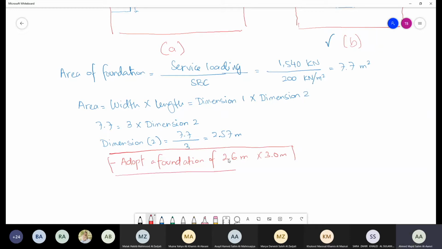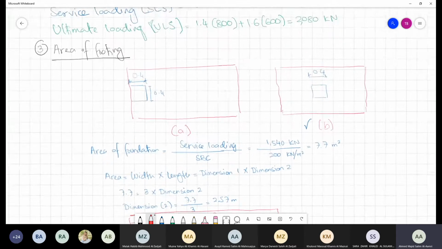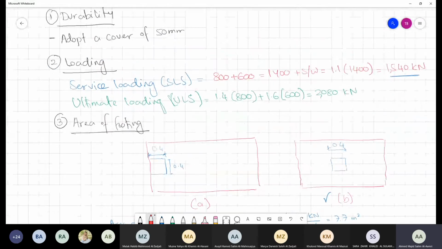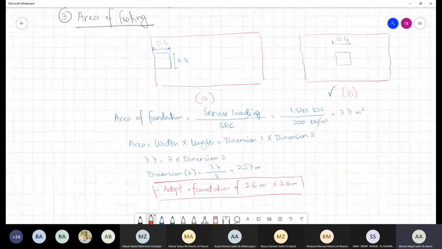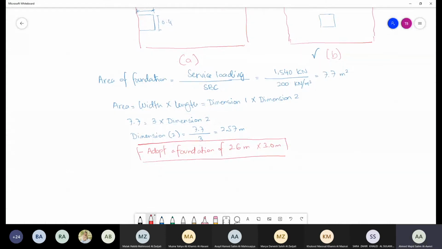So this is going to be the foundation that we are going to adopt. After we have checked for the durability, the loading, and the area of the footing, the next step is the calculation of pressure.